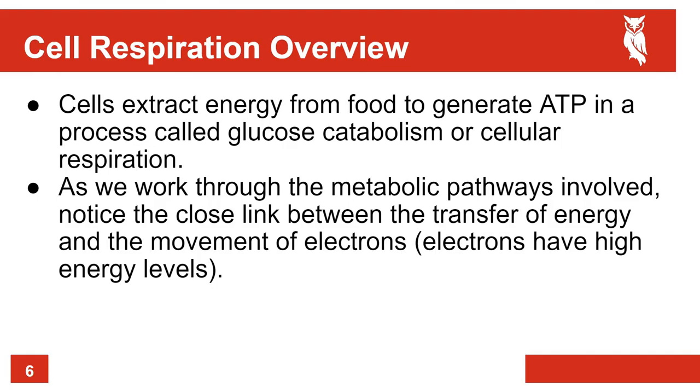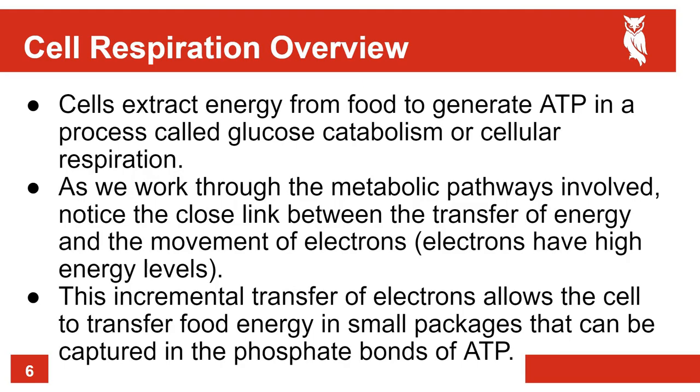So as we work through the metabolic pathways involved, notice a close link between the transfer of energy and the movement of electrons. Electrons are usually going to be the energy carrier in these processes. They have high energy levels. This transfer of electrons allows cells to transfer food energy into small packages that can be captured in the phosphate bonds of ATP.